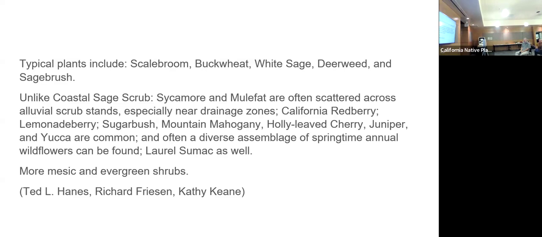So we can find annual wildflowers, as well as laurel sumac. So in general, more mesic and evergreen shrubs. And so once again, it's an intermingling of sage scrub plants and then more chaparral-like plants, right? With wildflowers as well.